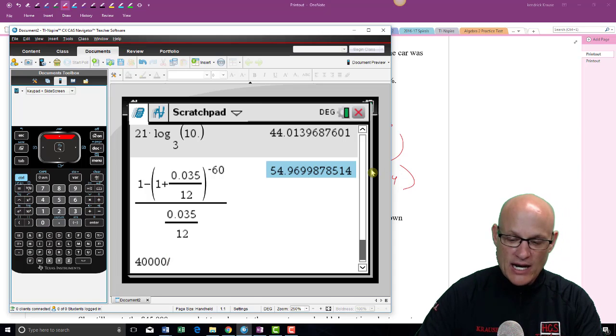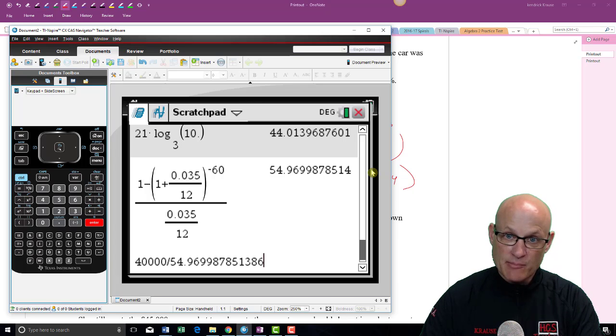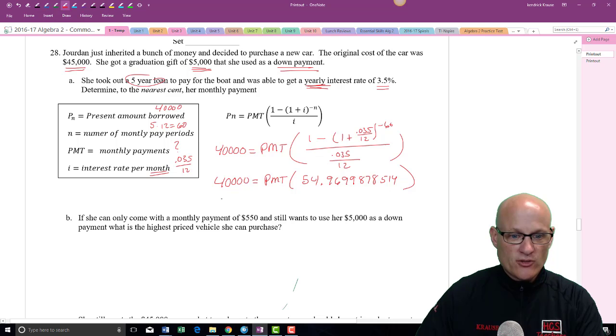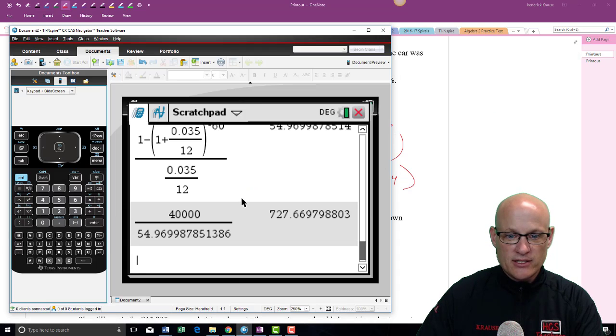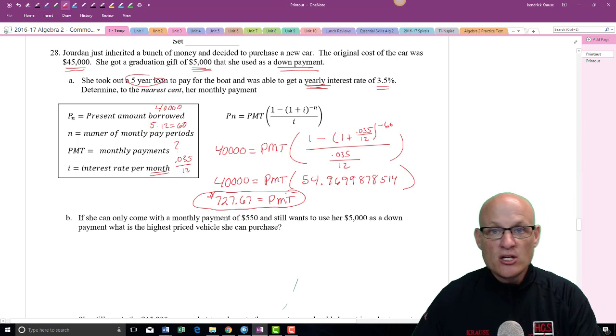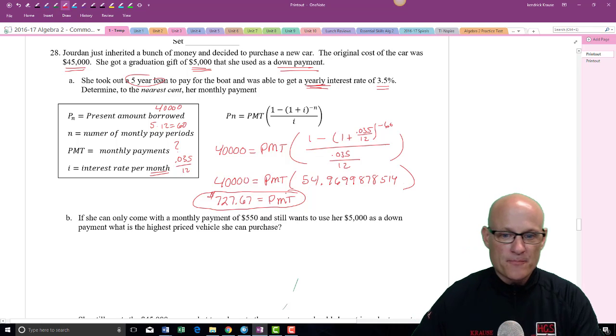Hit the up arrow, highlight it, and press enter. Let it type it for you. That way you don't make a mistake. $727. This is my answer, so I'm going to round it. And 67 cents. If you're off by a penny, you lose 25% on this problem. I know that sucks, so you have to pay attention to detail.